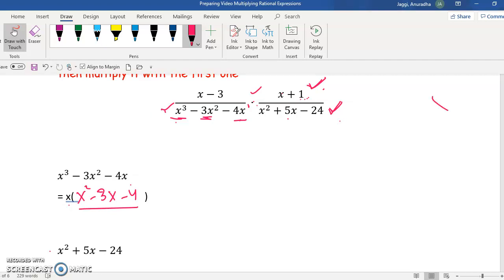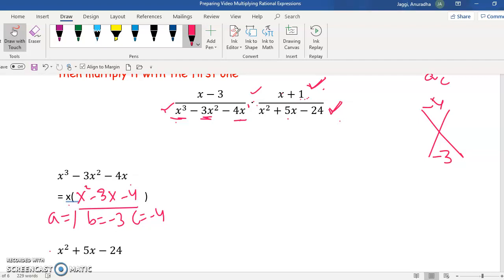I'll use the x method. AC is equal to -4, because A is equal to 1, B is equal to -3, and C is equal to -4. So AC is -4 and B is -3.